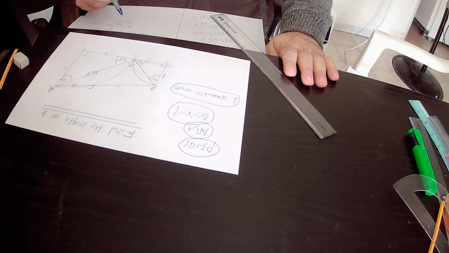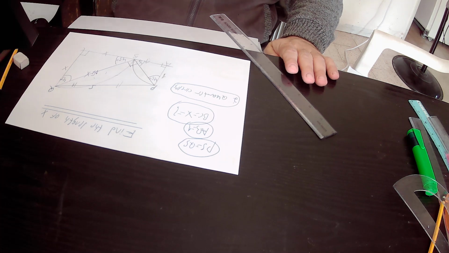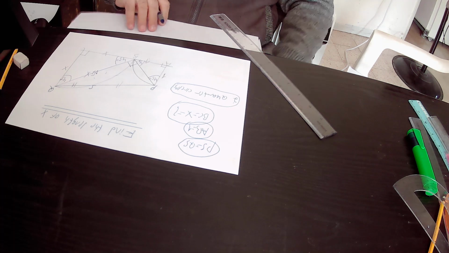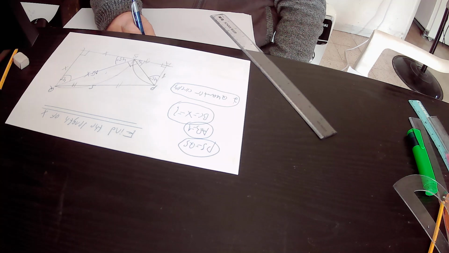And therefore, actually, triangle QBP is a right triangle. Okay? Triangle QBP is a right triangle.